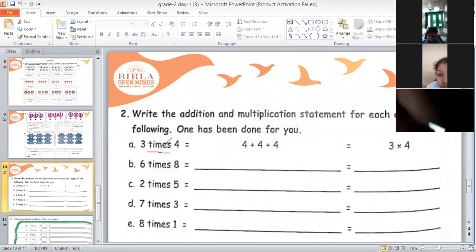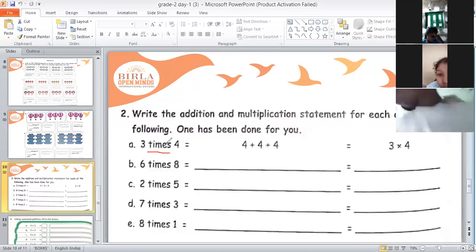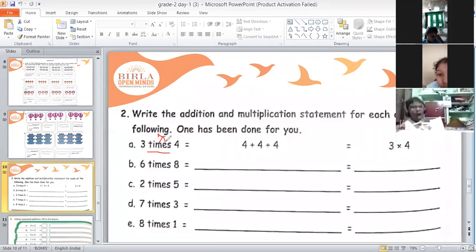Listen, children, times means multiply. So when you write the multiplication sentence or multiplication statement, in place of this times you have to put here the multiply sign. Okay, this is how you are going to write the multiplication sentence.